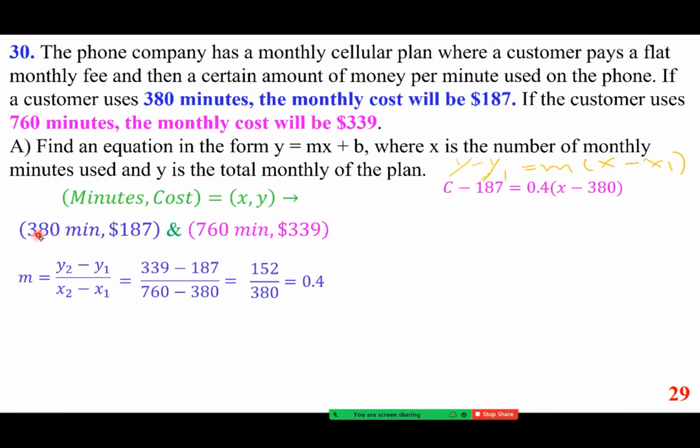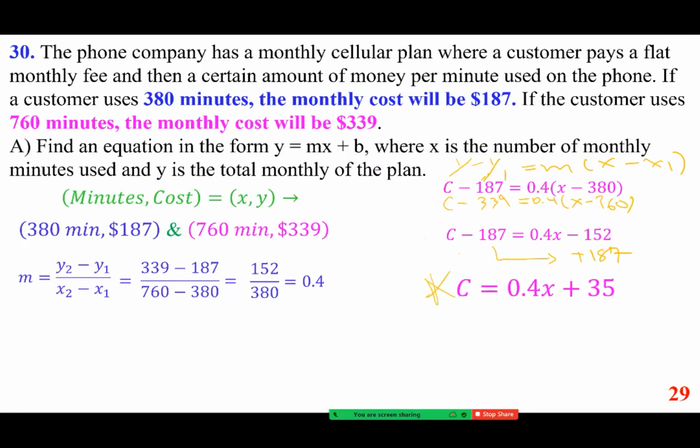Bear in mind, if you use this point, it looks like this, and I'm going to repeat something we have talked about before: c minus 339 equals 0.4 times x minus 760, and if you work it out, it ends up being the same. So you distribute the 0.4, and you move the negative 187, and that's your final answer, C of x.